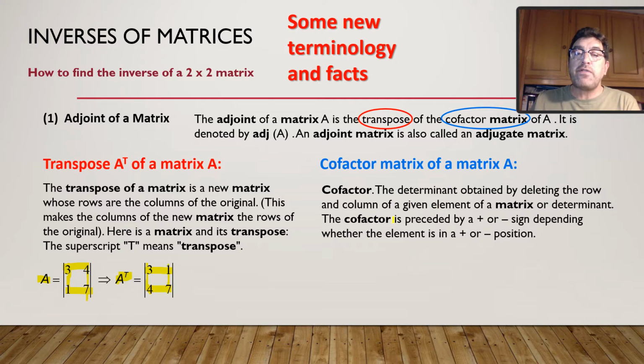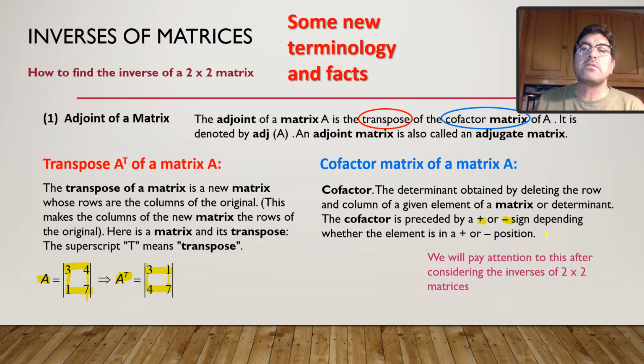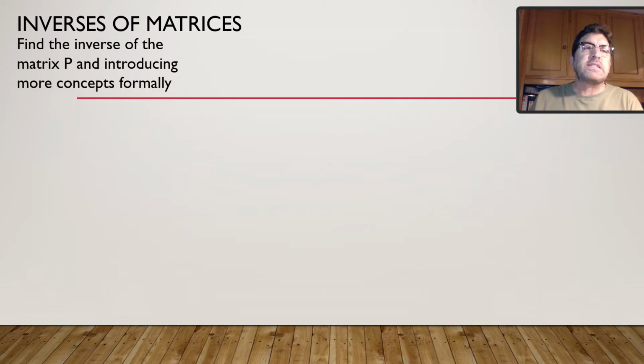The cofactor is then preceded by a plus or minus sign depending whether the element is in a positive position or in a negative position. Now folks, that's a mere definition. We're going to work with that and you'll see exactly what it means. We will pay attention to this later, when we find the actual inverse for the square matrix.